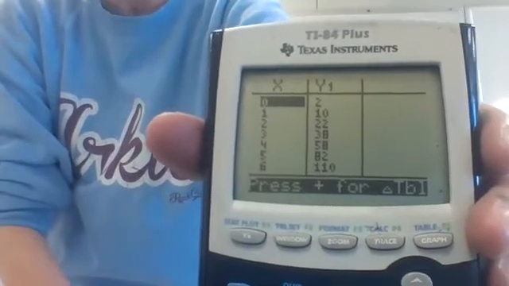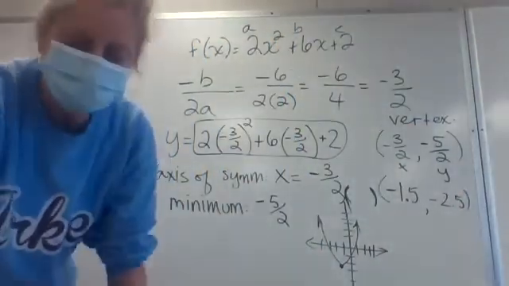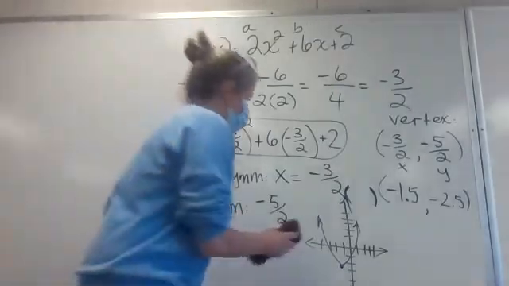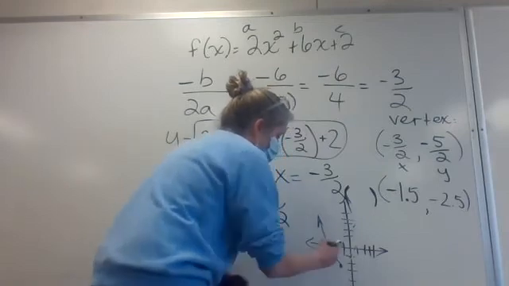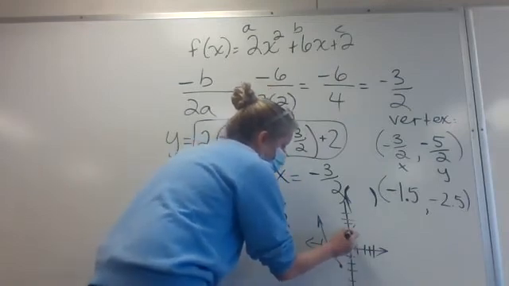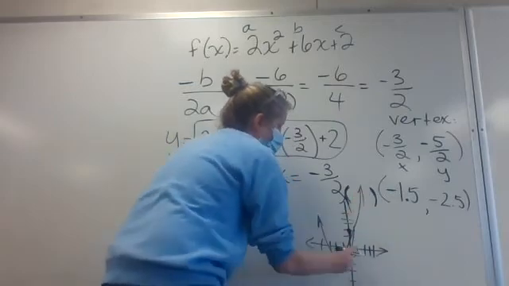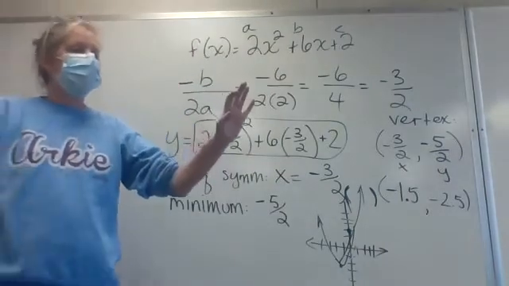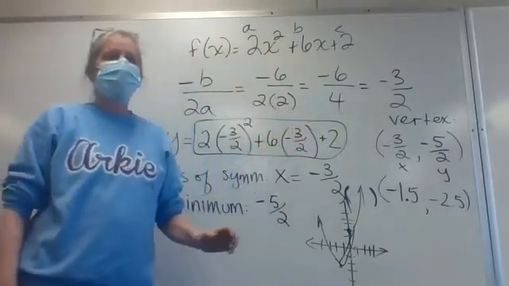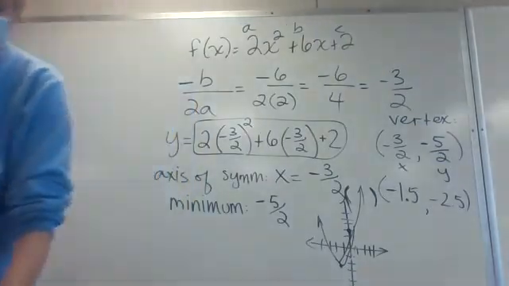And it looks like I can plot that point right there at 0. Oops. I should have plotted my point before I did that. There's another point at 0, 2. It'll plot that next point for you to be able to draw the parabola. So again, put it in your y equals, second table, and grab another point out of that XY table to draw the parabola.